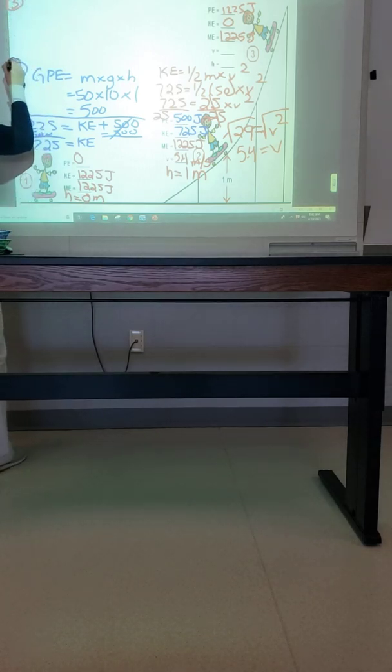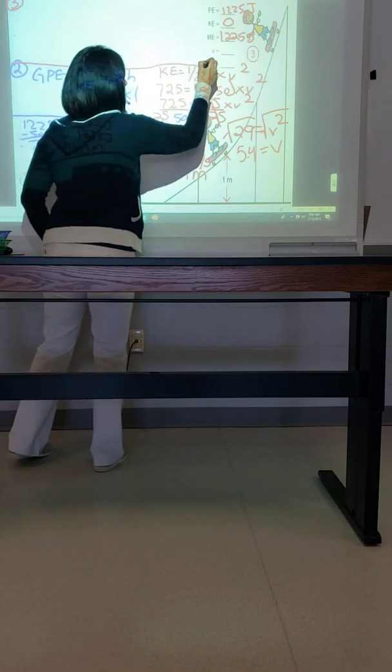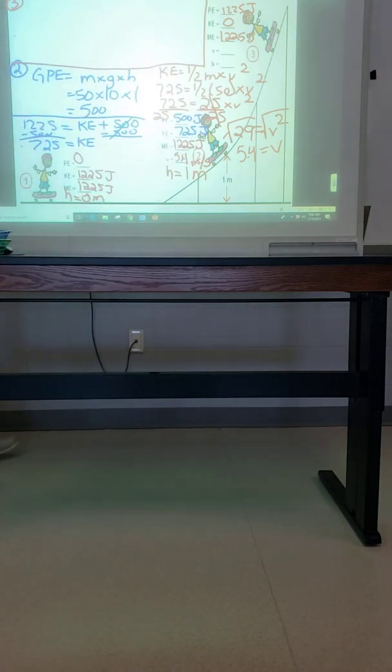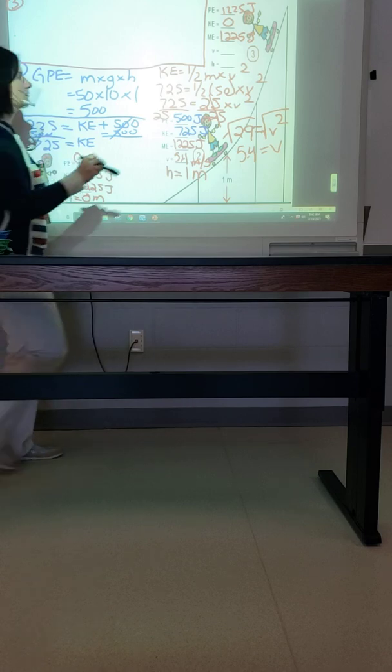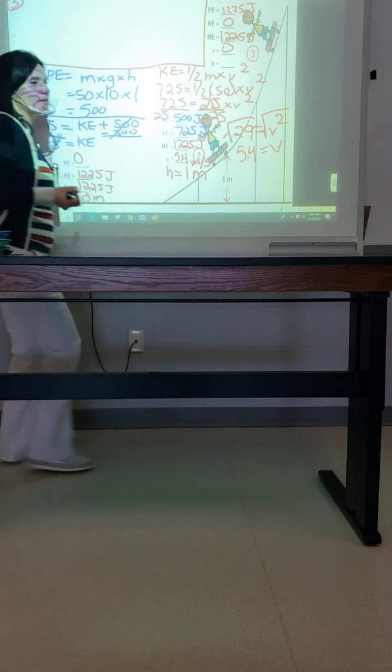I'm just going to keep that all set. So kinetic is 0. If it's got no kinetic, how much velocity can it have? 0. Oh, sweet! We don't even have to calculate it.